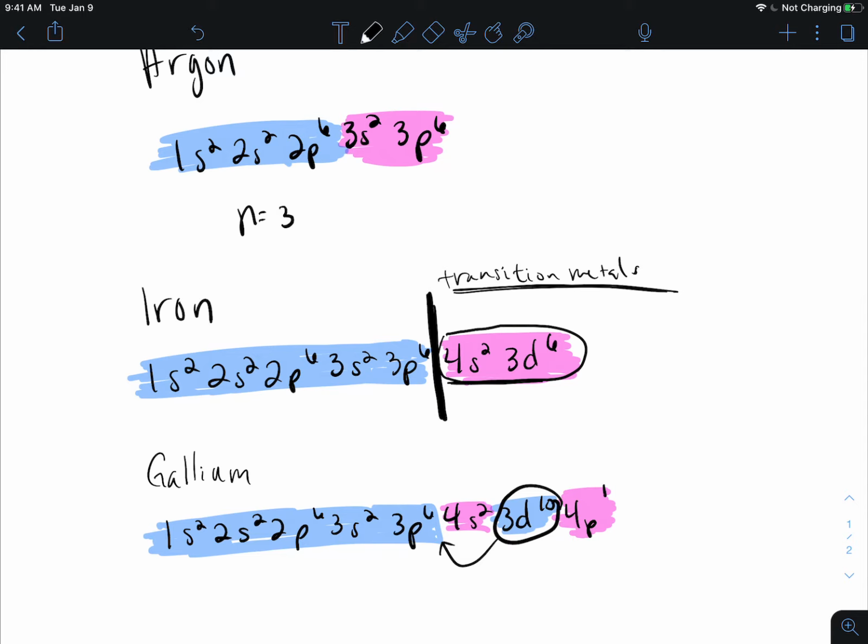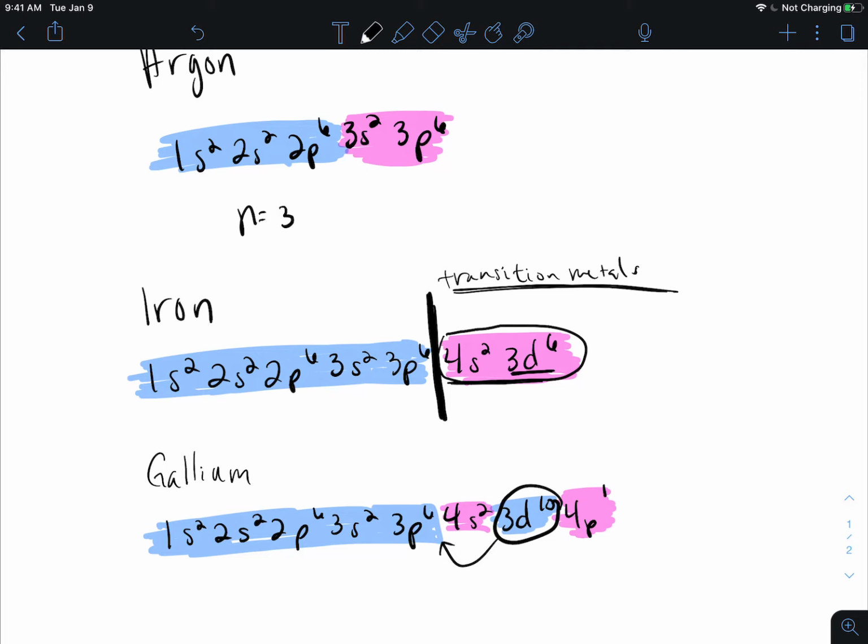Anything besides transition metals, our core electrons are n minus 1 or less. Our valence electrons are our max n value. With our transition metals, we're going to include the n minus 1 d subshell electrons into that valence because we are actively filling that subshell.